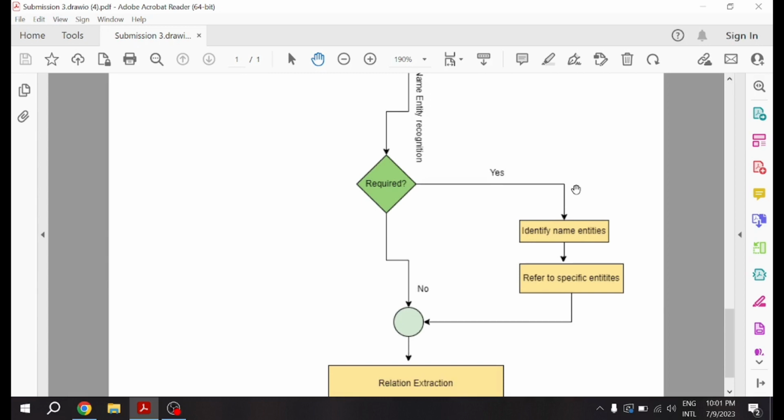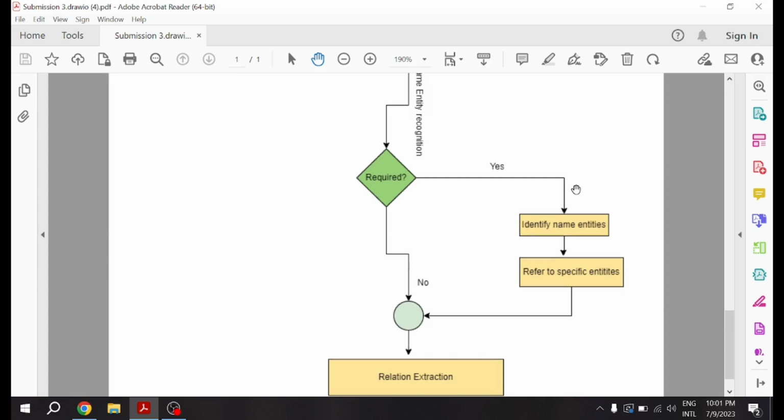The relationship between identifying named entities and referring to specific entities is that named entity recognition provides the means to recognize and categorize entities in the text. Once identified, the specific entities can be referred to using their associated labels or categories.